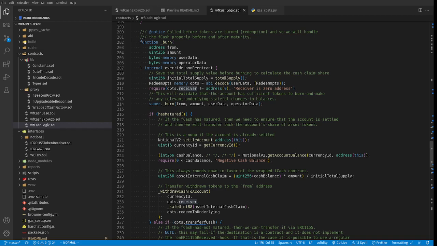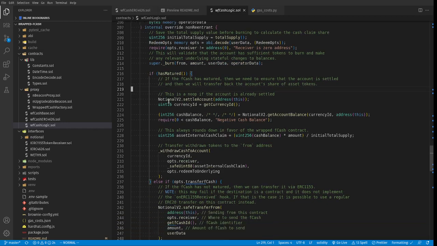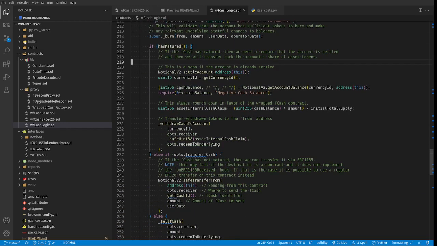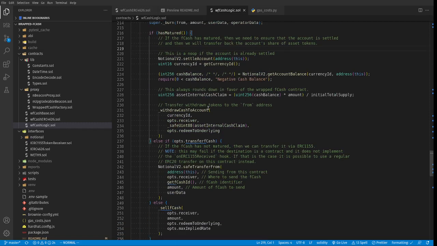When we do that, we will first call that internal method, so that it handles any balance checks, updates the total supply, emits the correct events and things like that for us. And then we have two, I guess three, branches inside the redemption, the different branches of redemption.